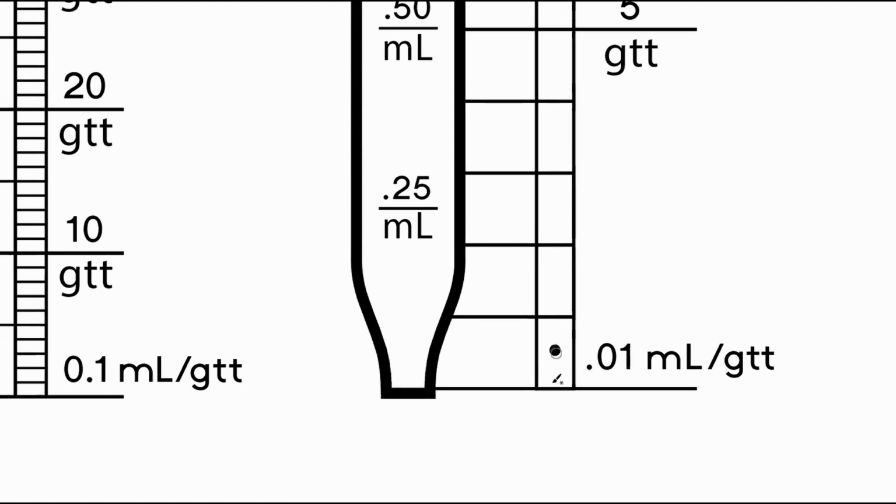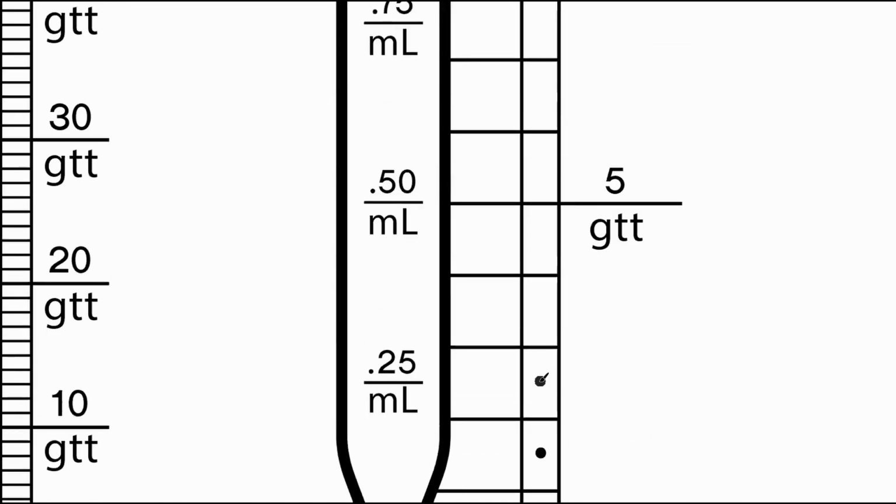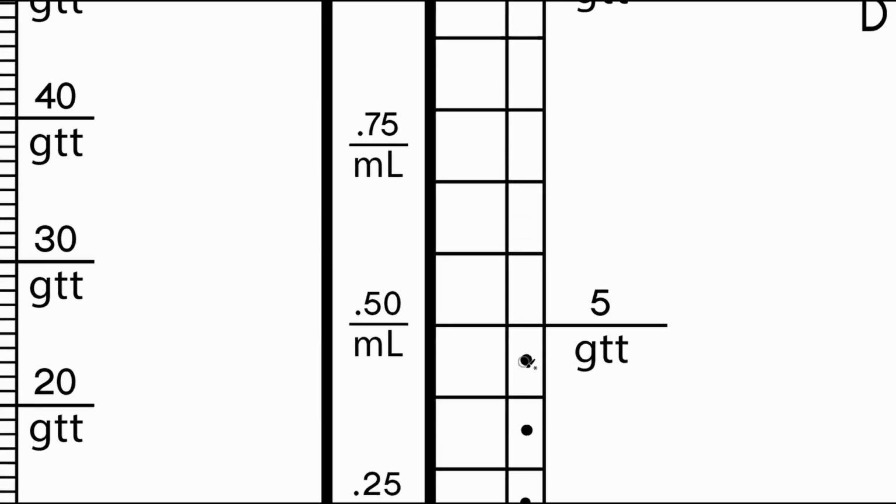Count with me. 1 drop, 2 drops, 3 drops, 4 drops, 5 drops. We're halfway there. 0.5 milliliters is the same as 5 drops when there is a 10 drop to 1 milliliter drip factor.